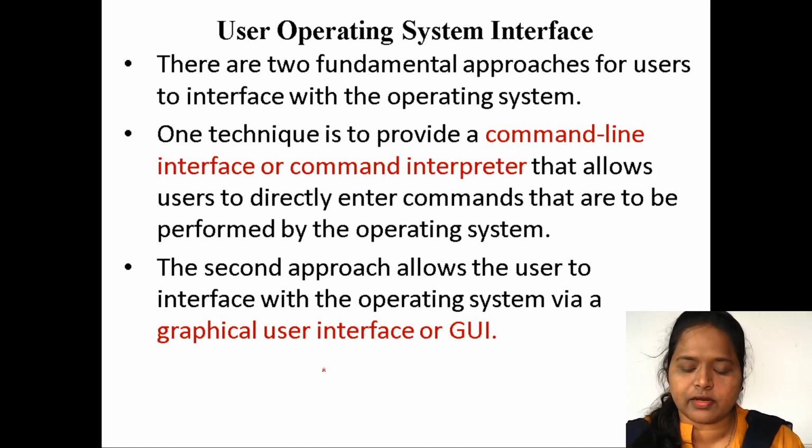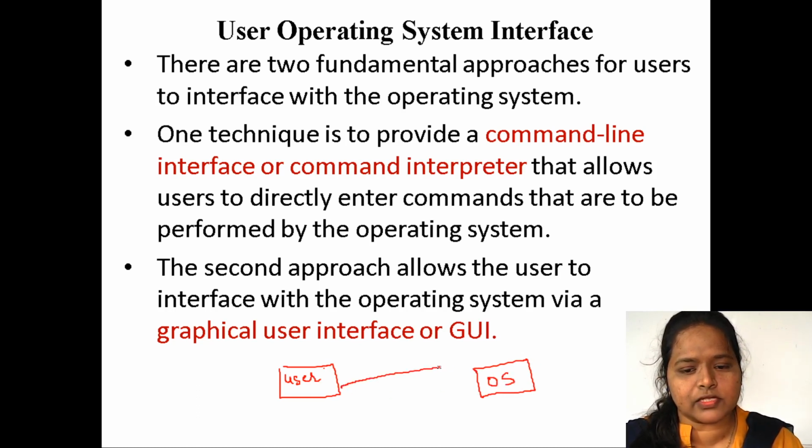Fine. So here you can see this is the user and this is the operating system. This user has to interact with this operating system. By what means can he interact? We have two methods, or two approaches, in which the user is willing to interact with the operating system.